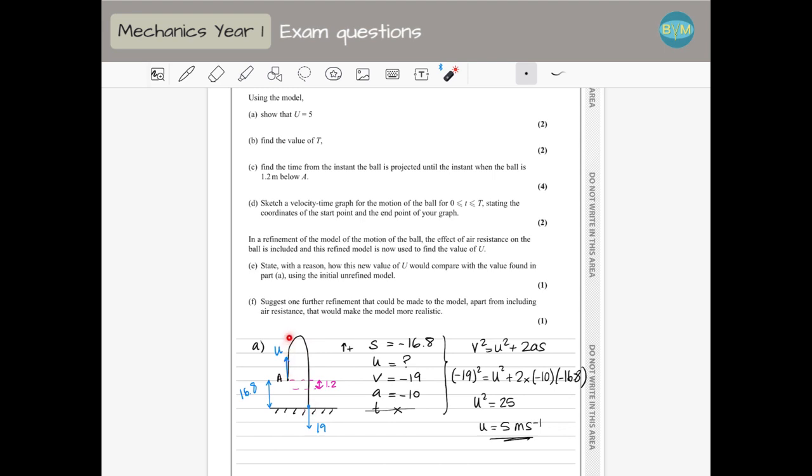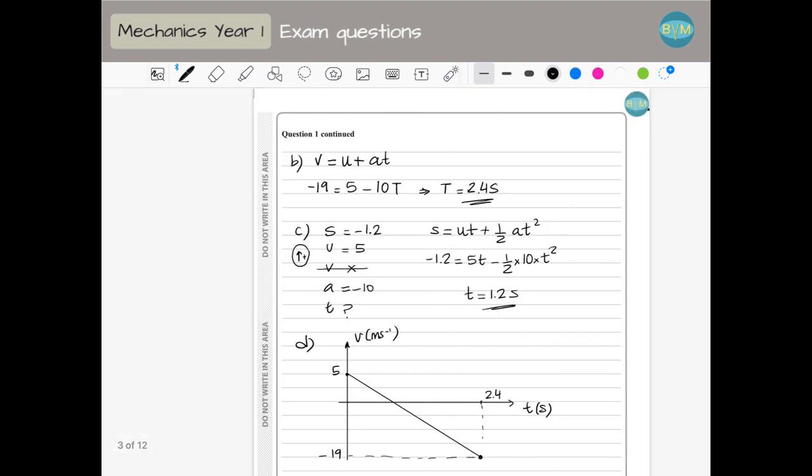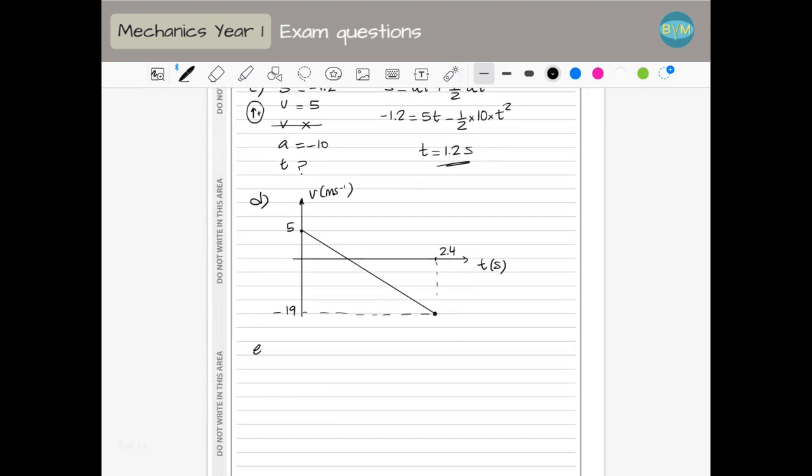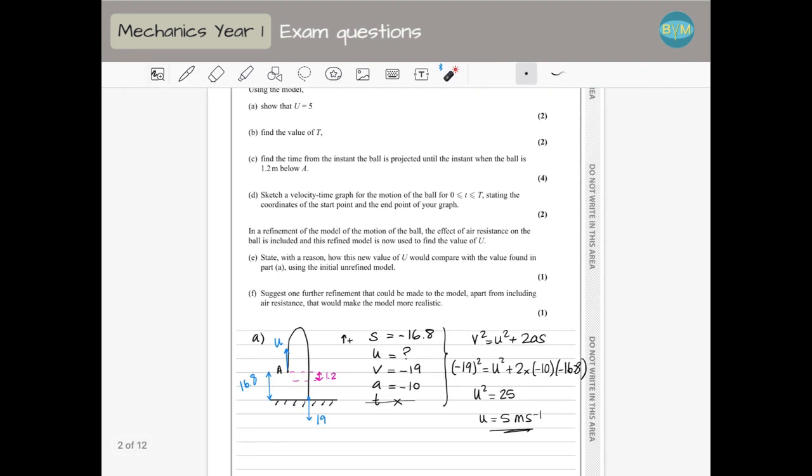So if I want to overcome the air resistance, this velocity must be greater, not smaller. They are asking me about this one, not about this one. So u must be greater. I know it's a bit confusing. It must be greater, so it overcomes the air resistance and reaches the ground at the same speed.